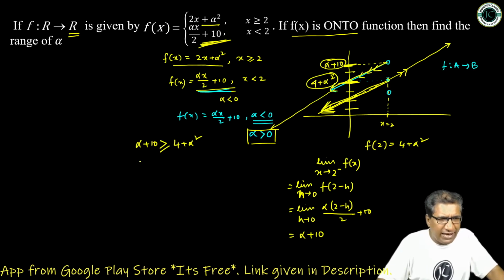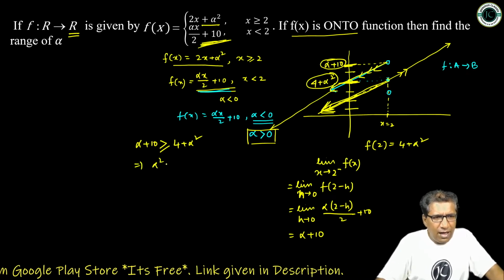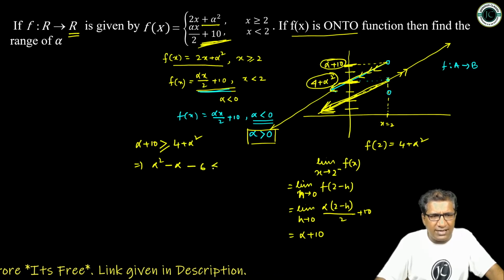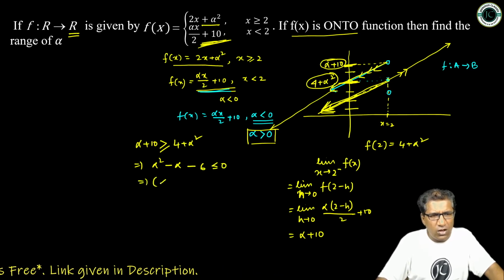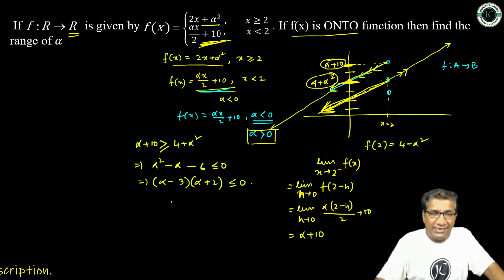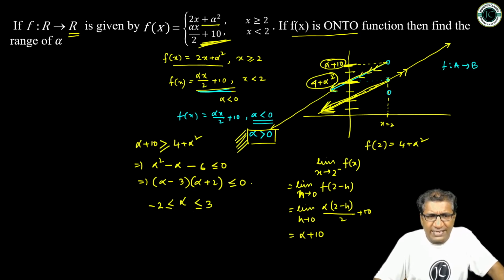Absolutely. So from here we are getting alpha squared minus alpha minus 6 is less than or equal to 0. If I factorize, we have (alpha minus 3)(alpha plus 2) less than or equal to 0. And therefore, from the number line, we can say alpha is greater than or equal to minus 2 and less than or equal to 3. But we have already said that alpha is greater than 0.